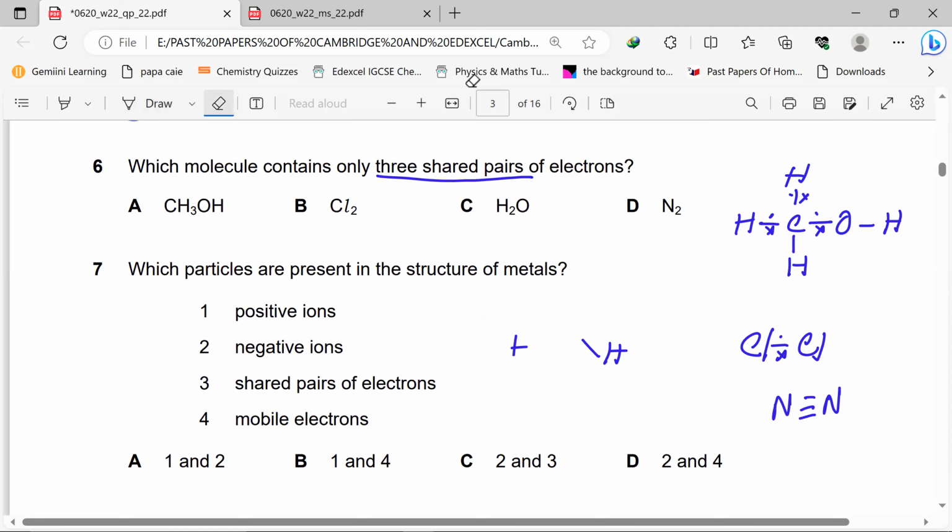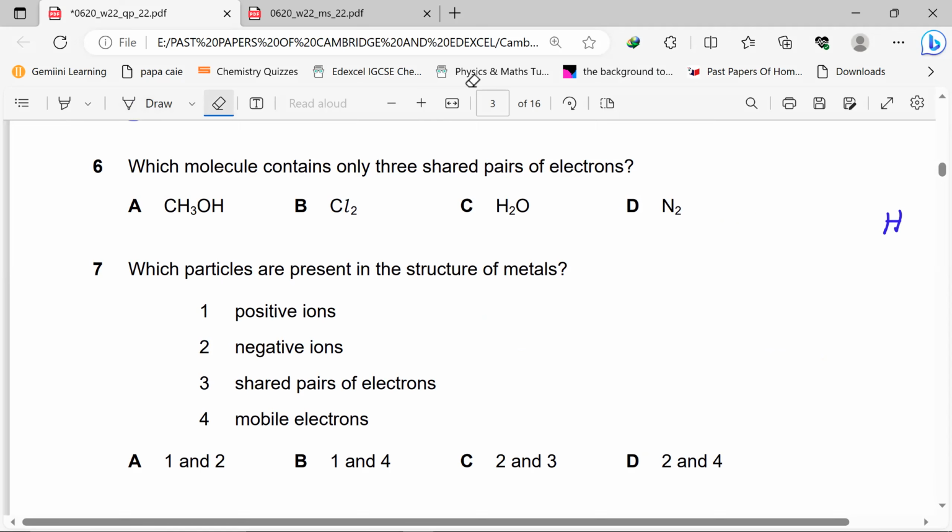Great. Number 7. In number 7, which particles are present in the structure of metals? We know metals are formed by strong electrostatic force of attraction between positively charged metal ions and a negatively charged sea of delocalized electrons.